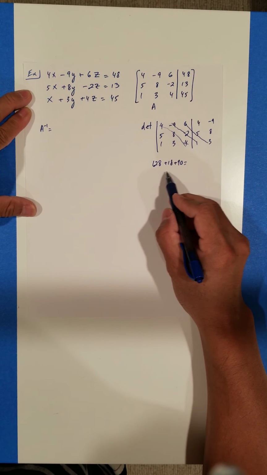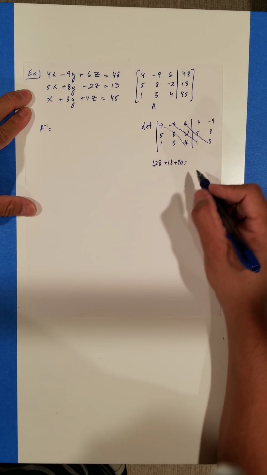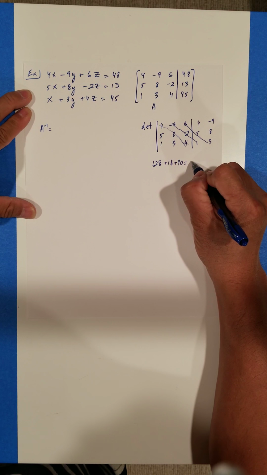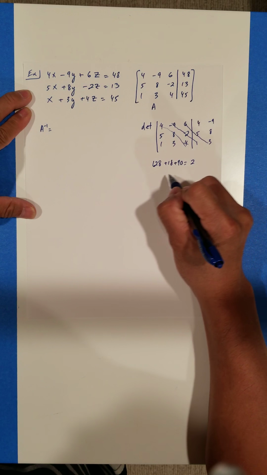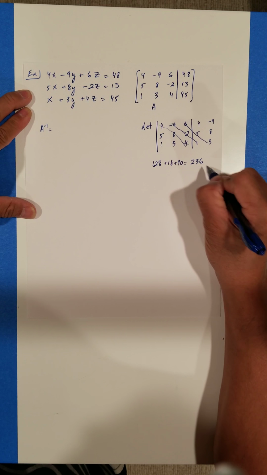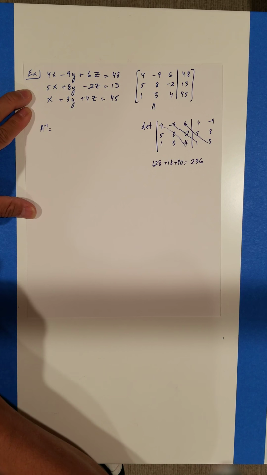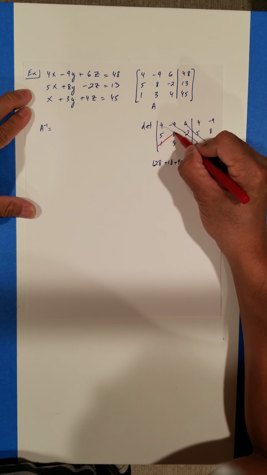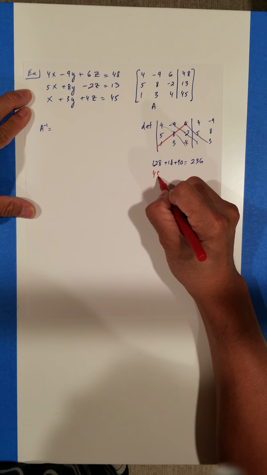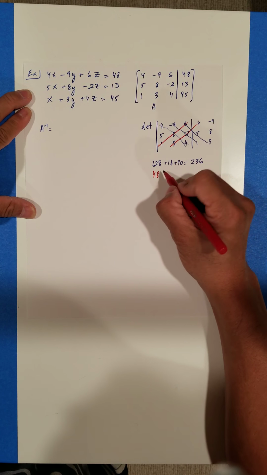So when I add these together, 128 plus 108 plus 90 is 236. Okay, now let's go up. Now to go up, I'm going to multiply these guys together. 48 going up, I get here negative.